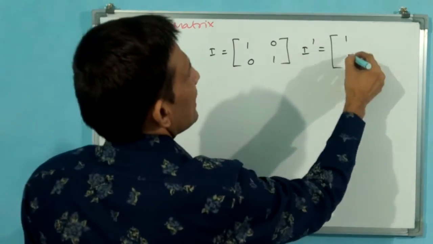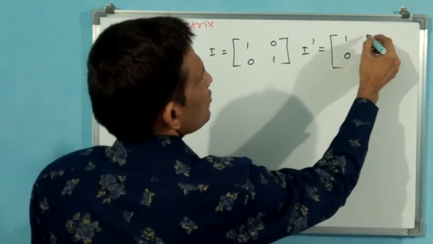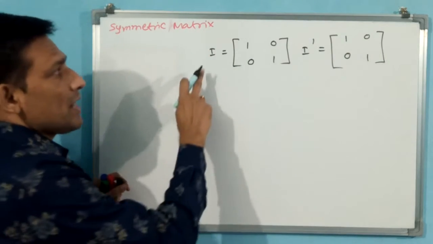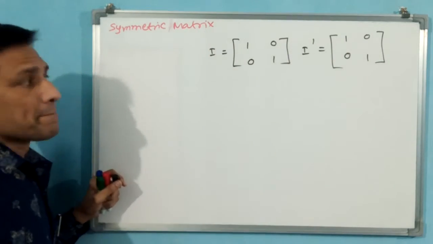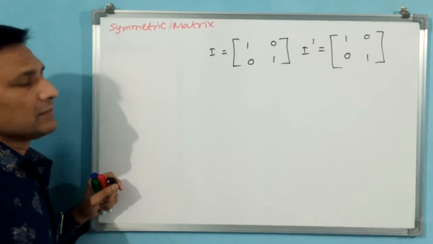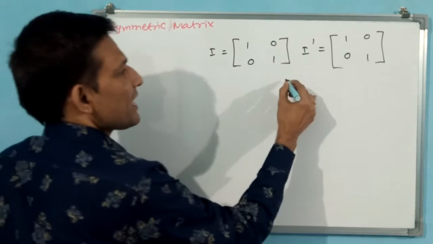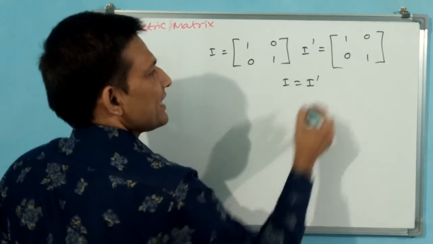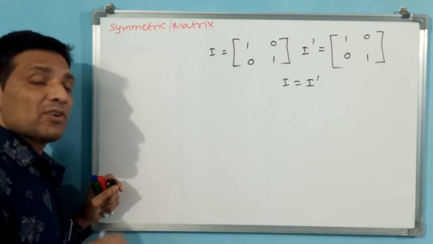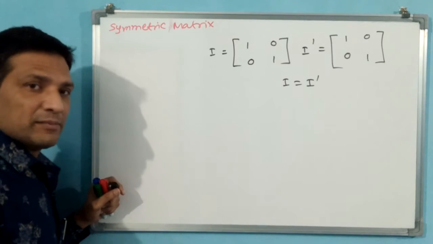Row should become column: 1 0, and second row should become second column: 0 1. Okay, now you see again I has come, 1 0 0 1. That means here I is equal to I dash. Even after transpose, the same matrix has come.